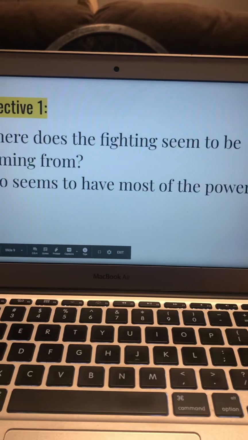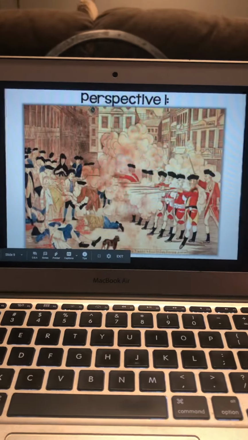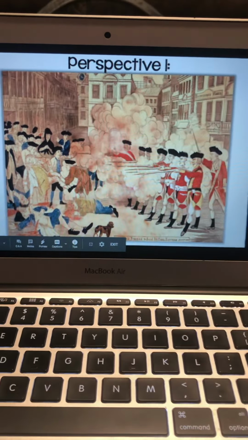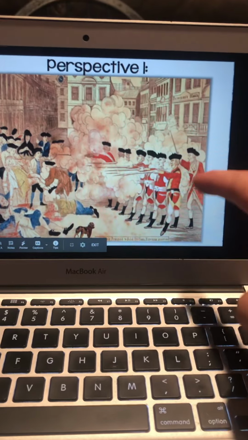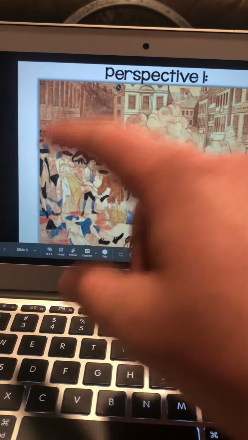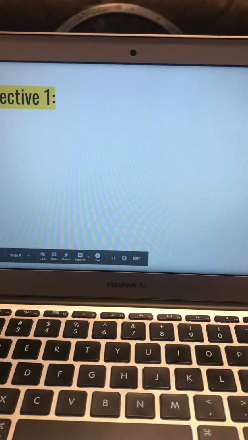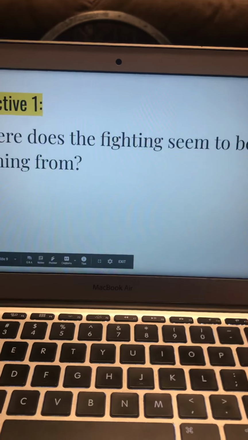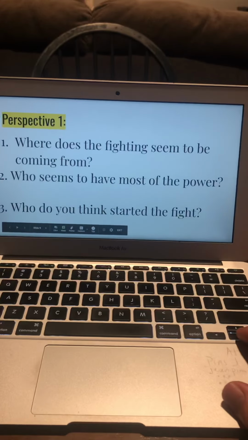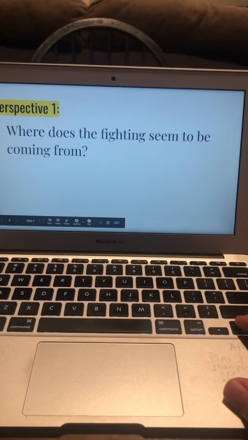Who seems to have the most power? I mean, the power right here, guns, giving orders to fire. And these look like these are just poor, helpless people. The last question is, who do you think started the fight?